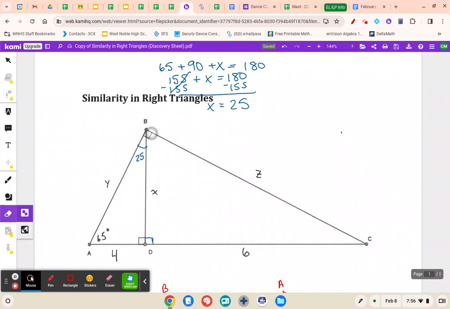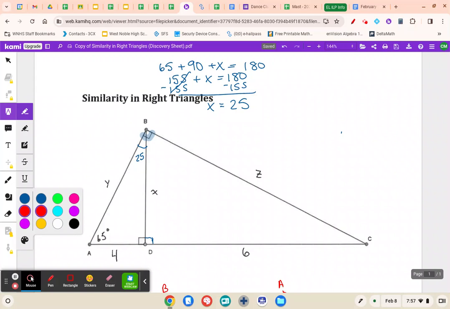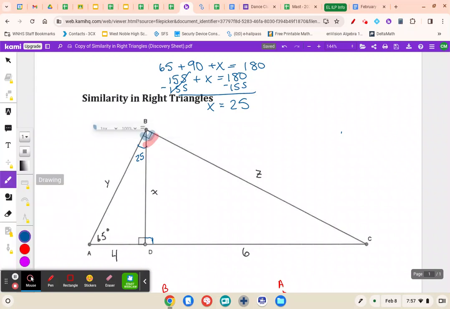Now, notice how this is 90 here? I know, personally, that this will also have to be 65, but maybe you guys don't recognize that. So, let's solve.